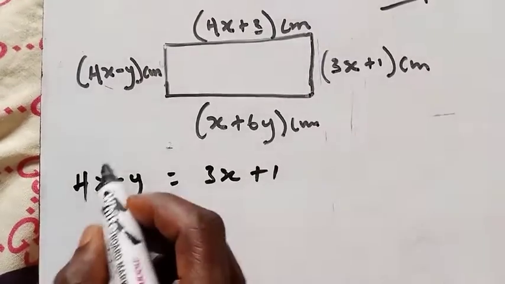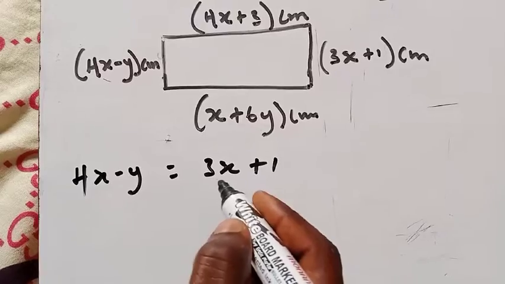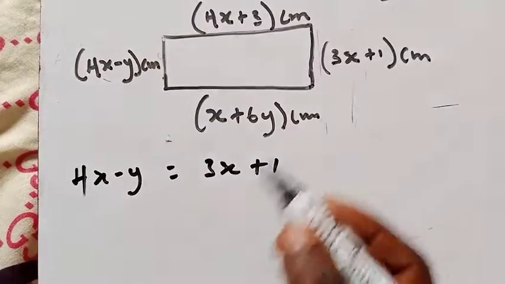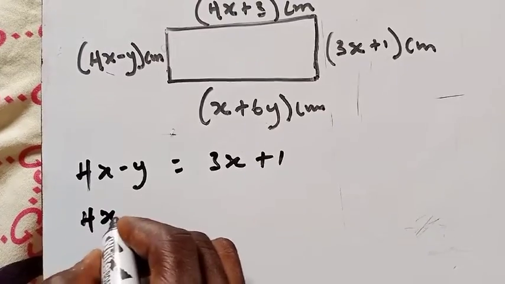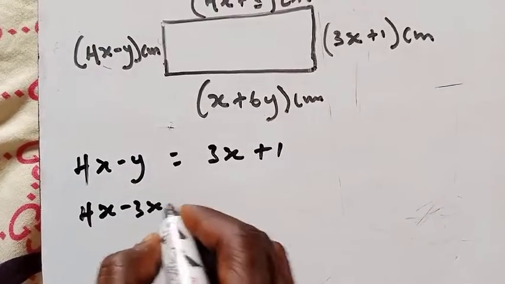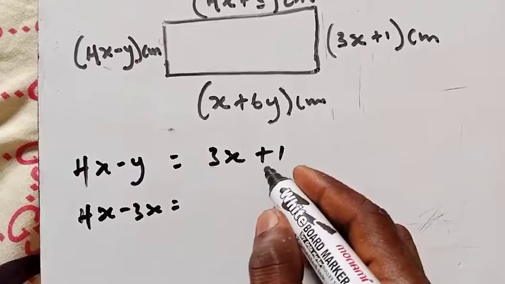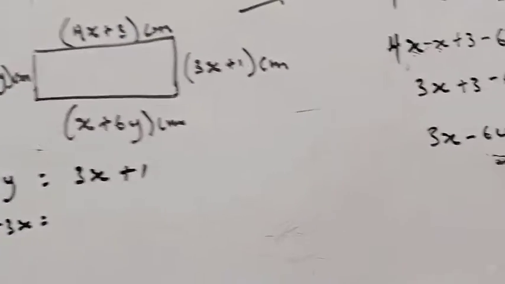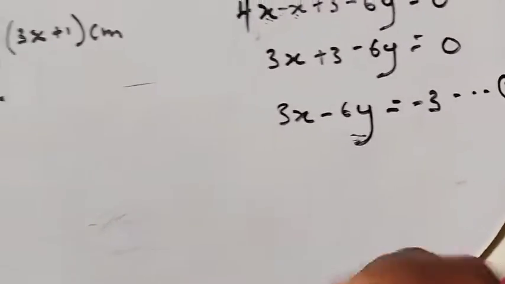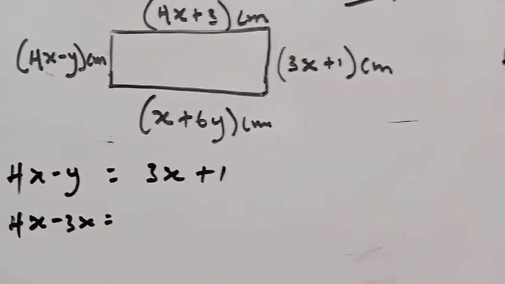So we have 4x minus y equal to 3x plus 1, right? Here we can group. So this guy can be 4x minus 3x here, that's going to be equal to, we already have 1 here, right? Why don't you go straight forward and write it in this nature? If you are finding difficulty in doing that, maybe that is okay.